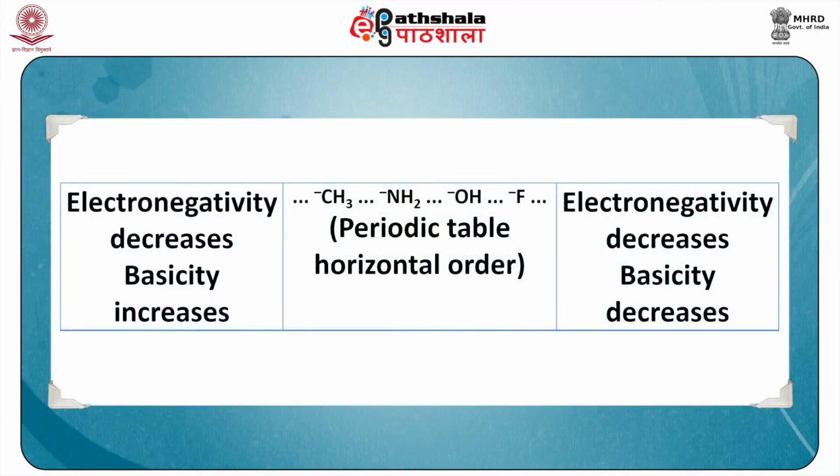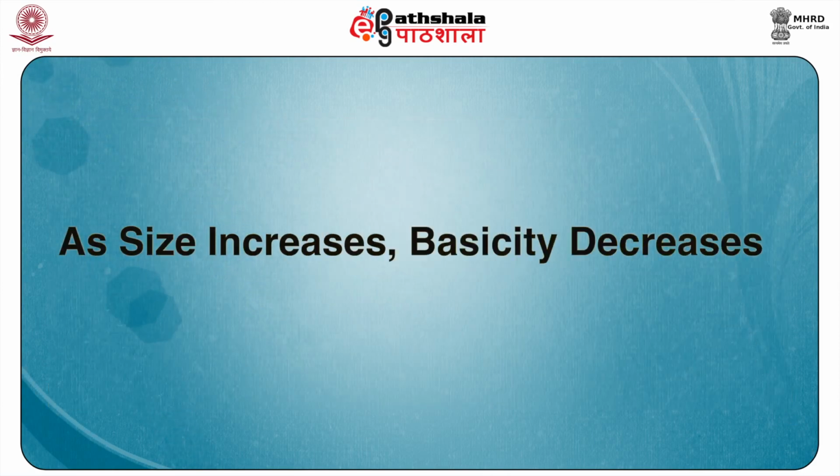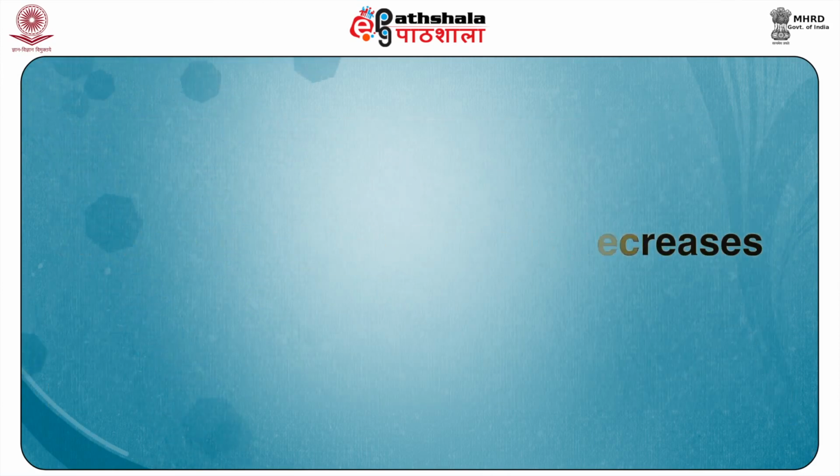CH3 minus is the strongest base out of these, followed by NH2 minus, followed by OH minus, followed by F minus, and F minus is the best leaving group. So, you can see that for the same period elements, the leaving group ability is the opposite of the basicity order. If we look at the size factor, we can say as the size increases, basicity decreases.